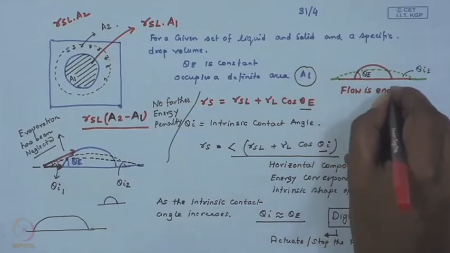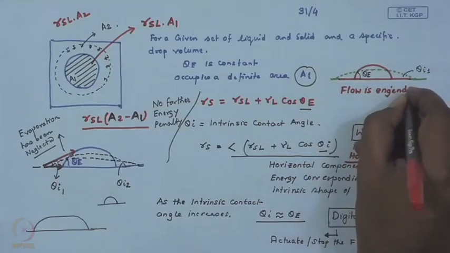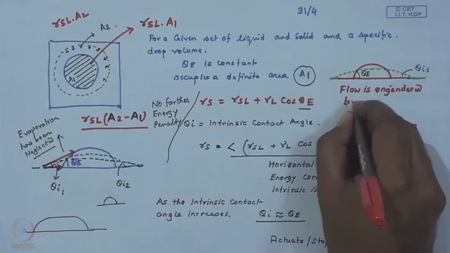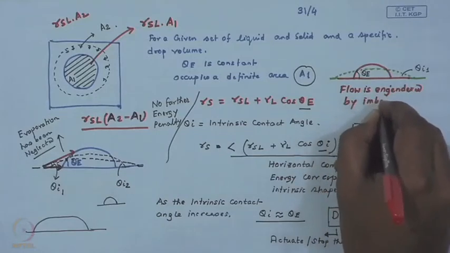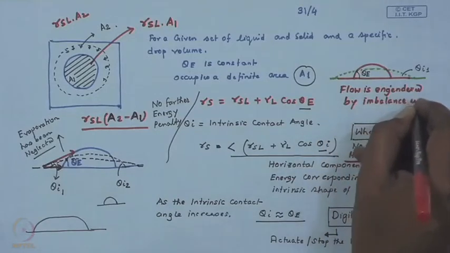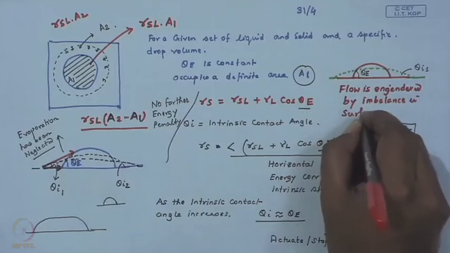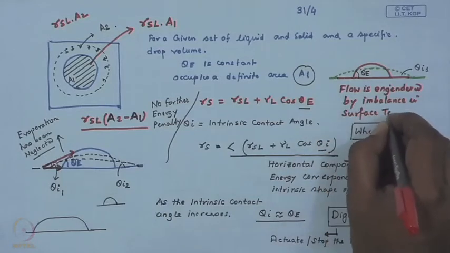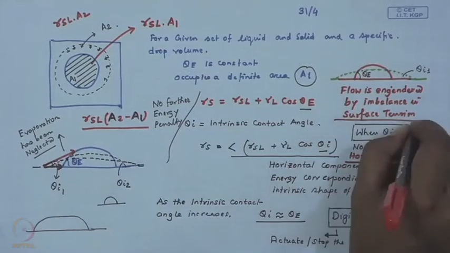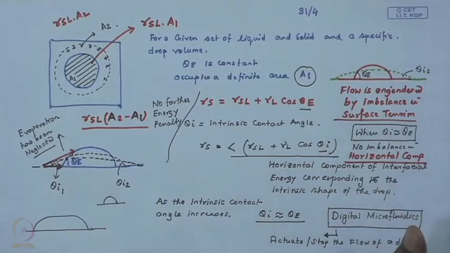is engendered by imbalance in surface tension, the horizontal component. So, this is what is bulk dewetting, and based on this we will now start talking about the dewetting in an ultra thin film.